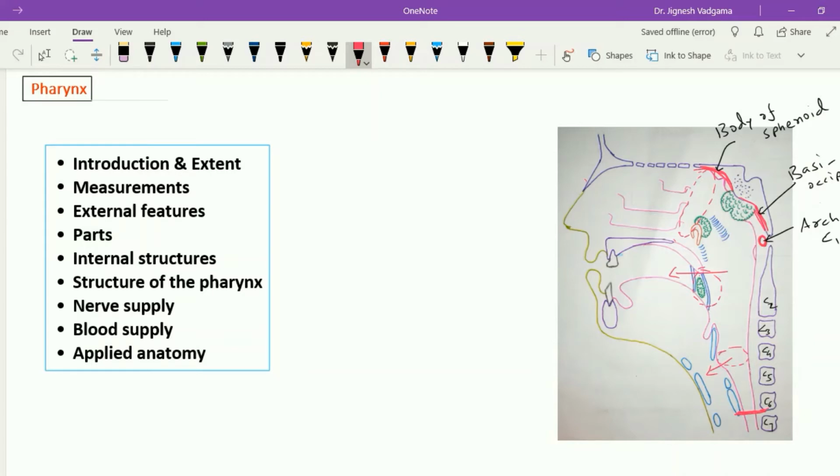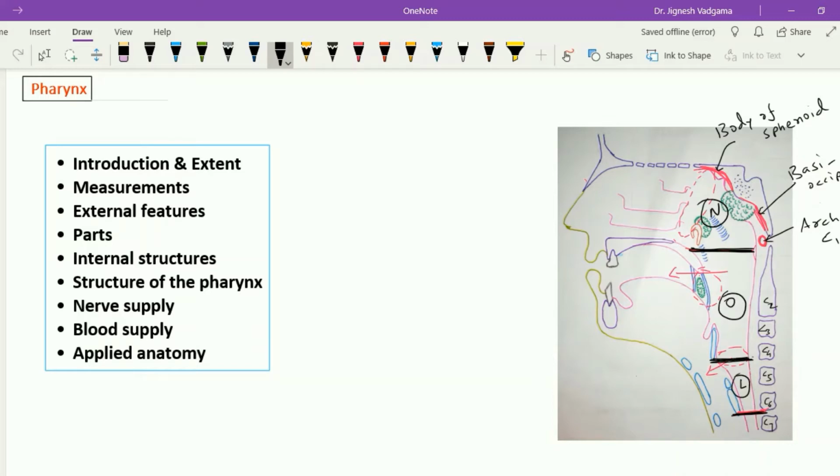So these three parts are separated from each other by the soft palate, and the area above the soft palate is called the nasopharynx. The area from the soft palate to the upper border of the laryngeal inlet is the oropharynx, and the area below the laryngeal inlet up to the lower border of the C6 vertebra is the laryngopharynx.